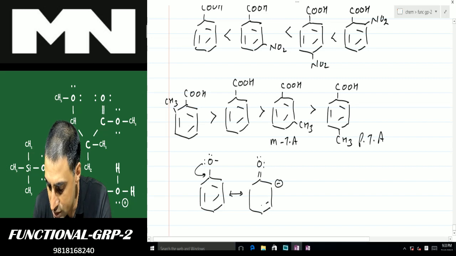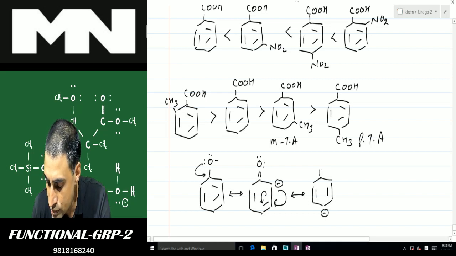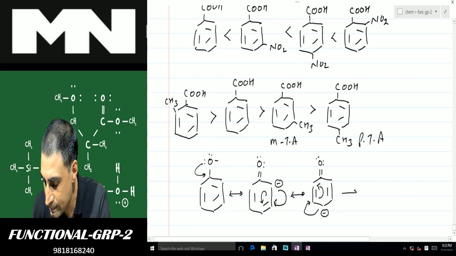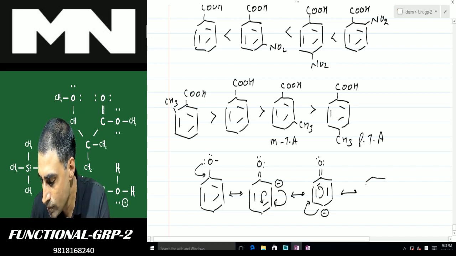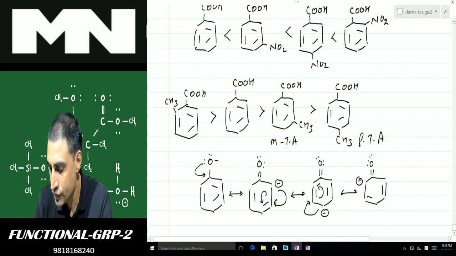Here is the negative charge. Then this negative charge will move to the ortho position. From there it will come to the para position. The next structure I will get is like this, where the negative charge is at the para position. Then it will move to the other ortho position, and in this resonating structure you will have the negative charge at the ortho position.